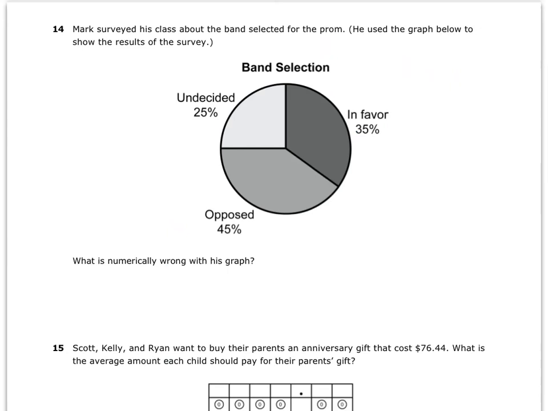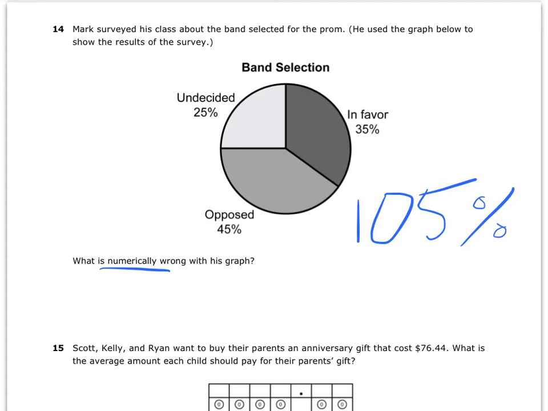14. There's a circle graph that does something for prom. What is numerically wrong with this graph? Just say. Numerically wrong. Oh. What does it add up to? Count again. 105%. Can the 105% of a student body do anything?